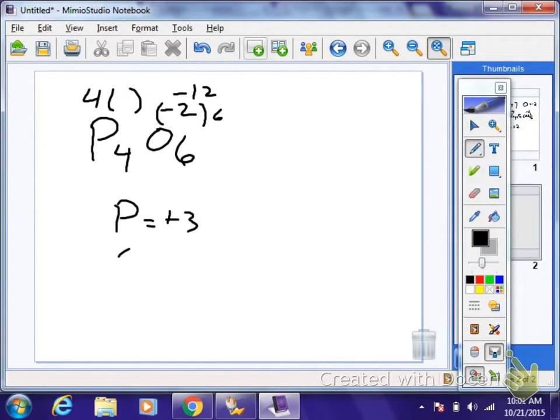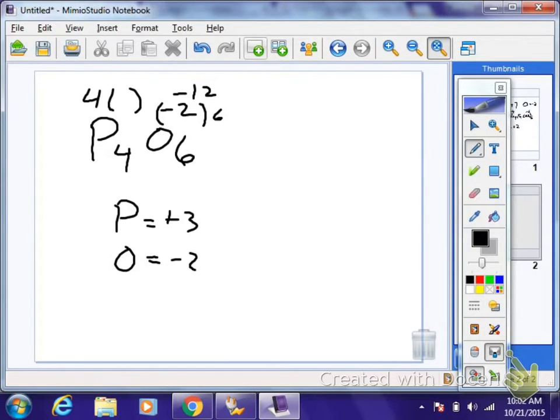Now, most of the time, what have we been putting phosphorus as? What's the oxidation state we normally write for phosphorus when it's with a metal? -3. You guys see, when it's out in front, first one listed, -3.